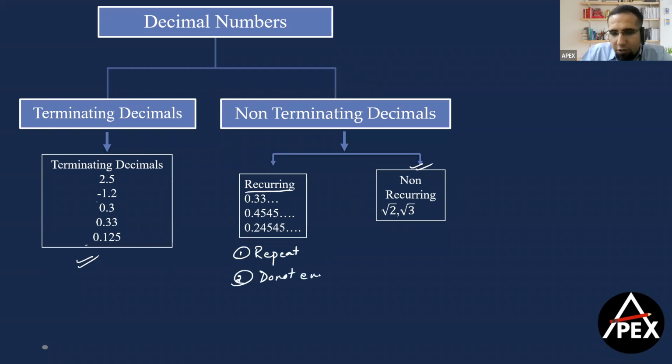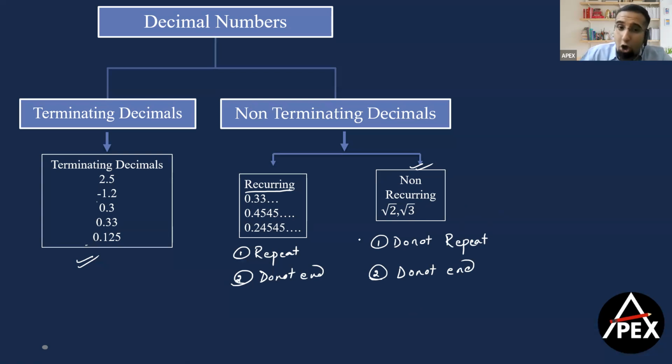Your non-recurring numbers do not repeat, like the value of root 2, 1.414 and so on. They do not repeat, but they continue endlessly. So root 2, root 3, and so on are non-recurring numbers.